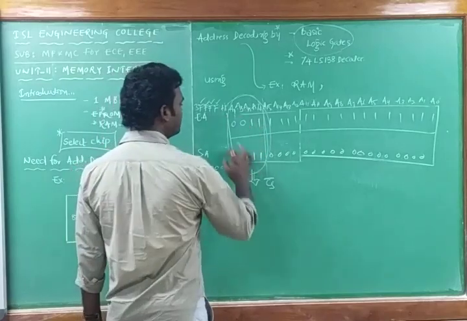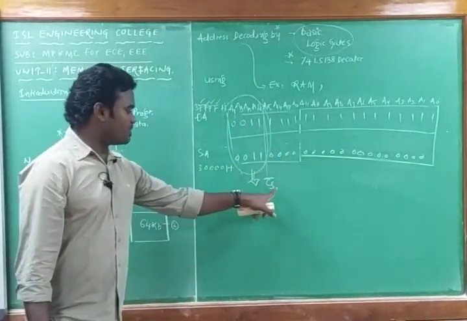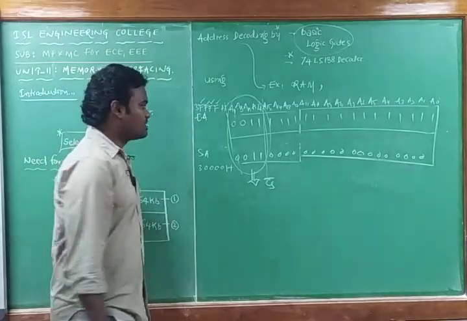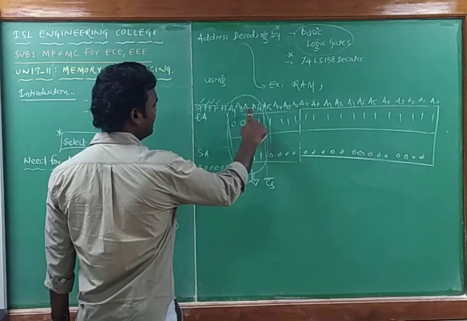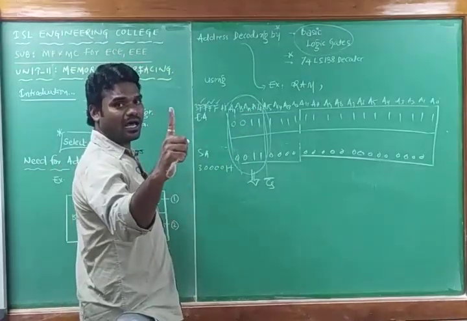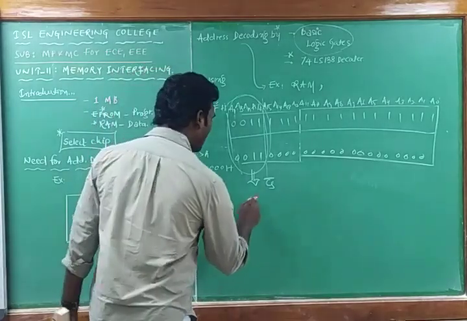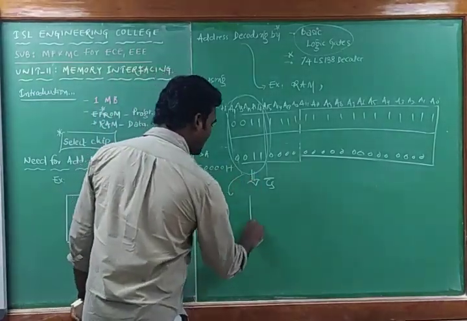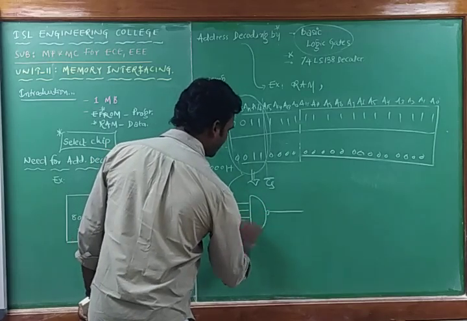That means the combined output has to be 0. If A19, A18, A17 and A16 are all 1, then the output of the NAND gate will be 0. So I am using the NAND gate for this decoding.